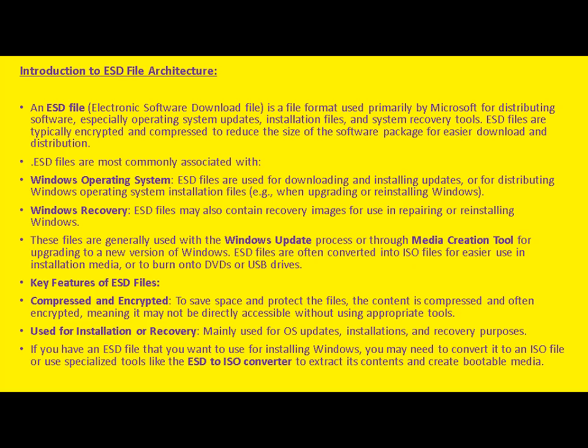So this is the theoretical portion I wanted to cover for the understanding of WIM file and ESD file architecture. Now let's move on to our practical steps, which will be exciting for learning more PowerShell commands and architecture, and how to use PowerShell to manage your Windows imaging files.